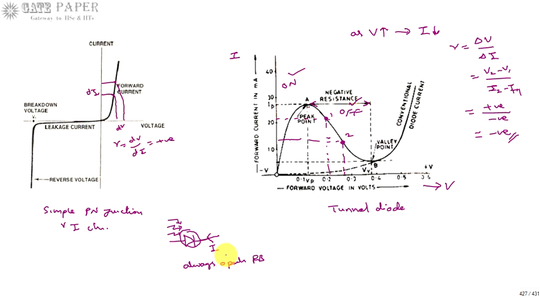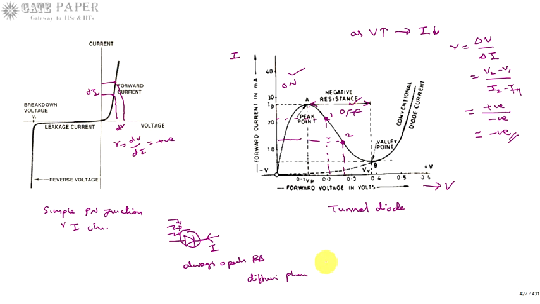But the disadvantage is that whenever it is in the on condition, current flows due to minority carriers. The movement of these minority carriers, that is the transport of charge carriers, is mainly due to the diffusion phenomenon. Diffusion is inherently slow compared to the drift phenomenon. Drift is related to the electric field.